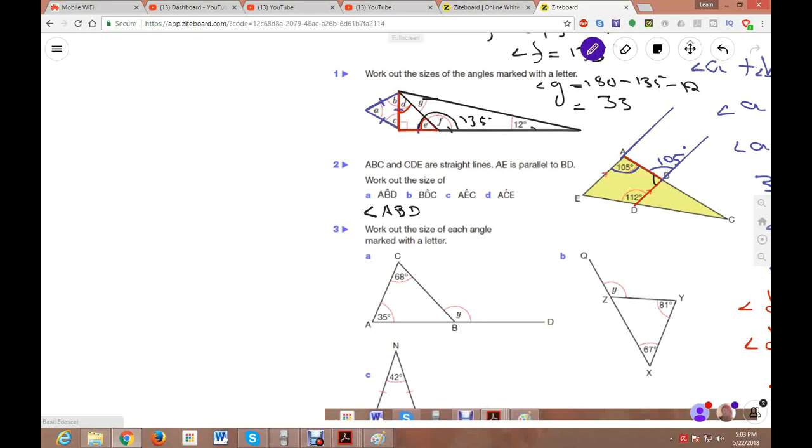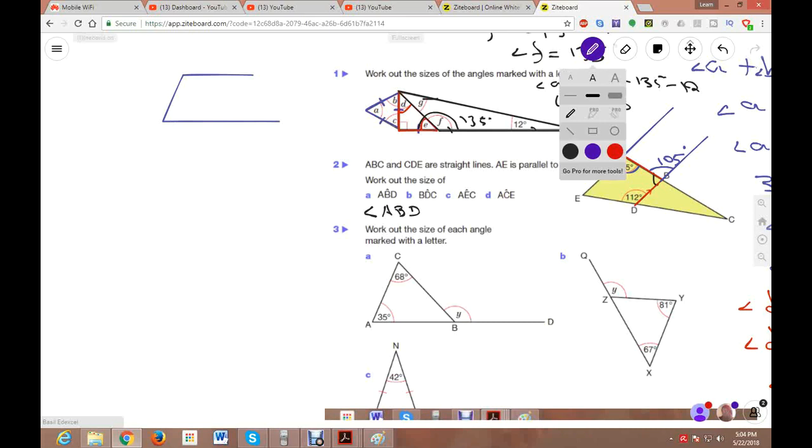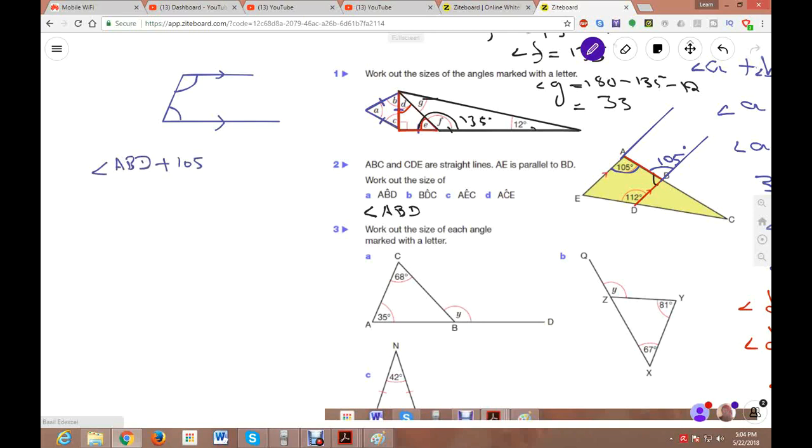You also have studied in your lower secondary level that the angles formed interiorly in a box form are supplementary to each other. They are the box angles. So angle ABD and 105 are supplementary to each other. You can write over here that ABD plus 105 equals 180 degrees.